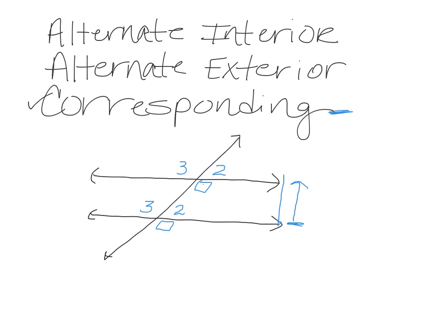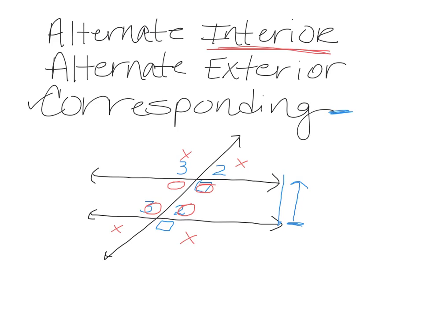If I look at alternate interior angles, interior means inside. So I try to think of inside my drawing. That's inside my drawing. This is inside my drawing. This is inside my drawing. Inside, as opposed to outside. So I think of looking at my drawing as the circles are inside, the X's are outside.